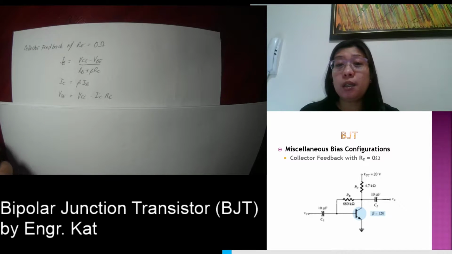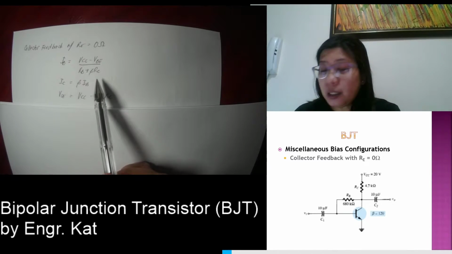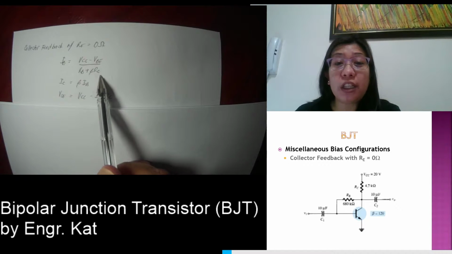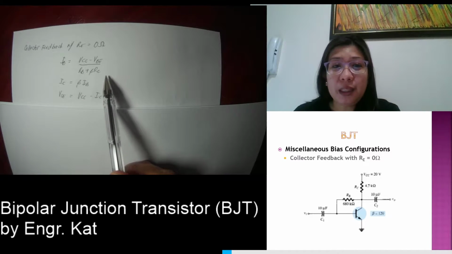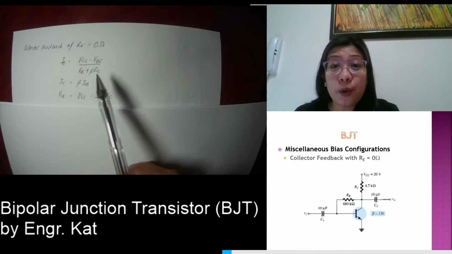So from the last formula that we have derived last time, this is supposedly beta multiplied by RC plus RE. But since we have a zero emitter resistance, we just drop your RE.